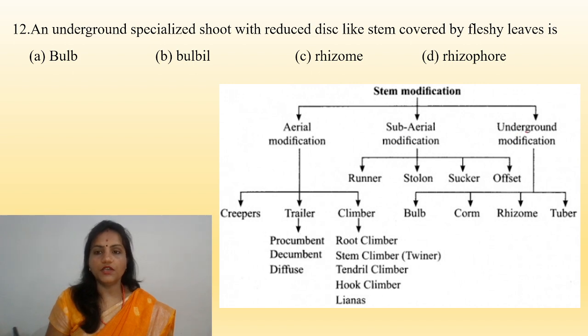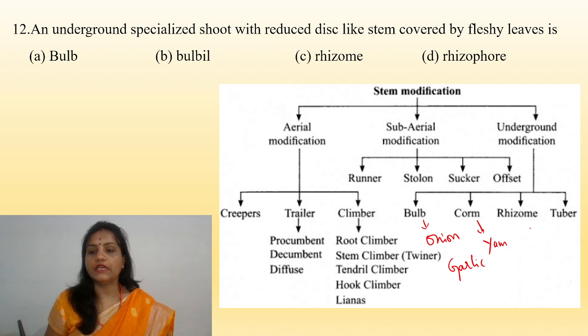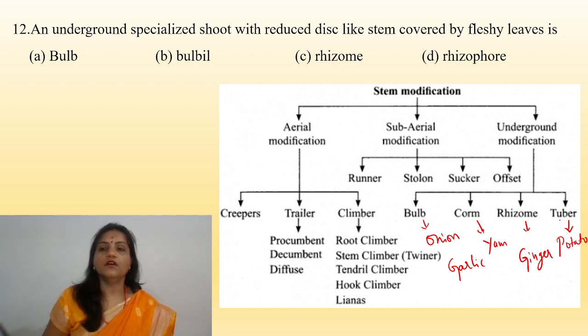Under underground modification, we have bulb, for which we have the example of onion as well as garlic. Some more, we have corm. For this we have the example of yam. Then rhizome, we can take the example of ginger. Then we have tuber. Example is potato. Okay.